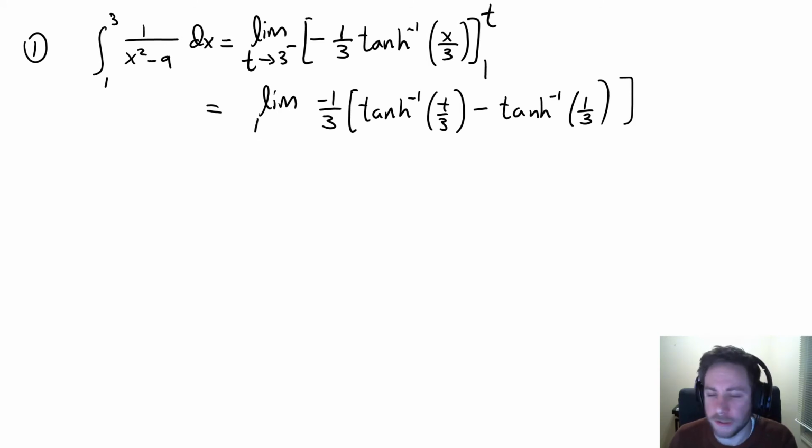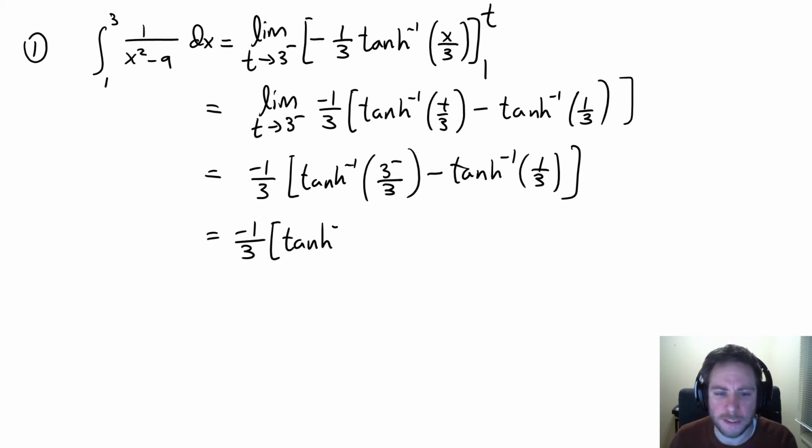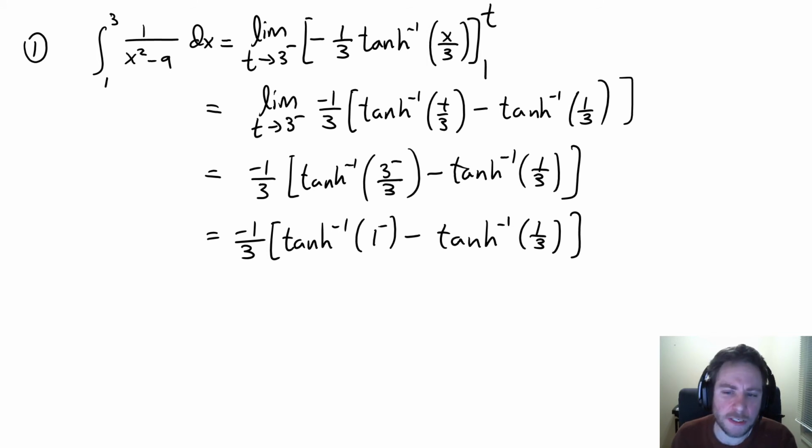Then we apply our limit to this result. So we let t approach 3 from the left and see what happens. In our first term, we notice 3 over 3 can be simplified to a value of 1. And this is where I would expect a lot of students to get stuck. How do you calculate the value of inverse hyperbolic tan?